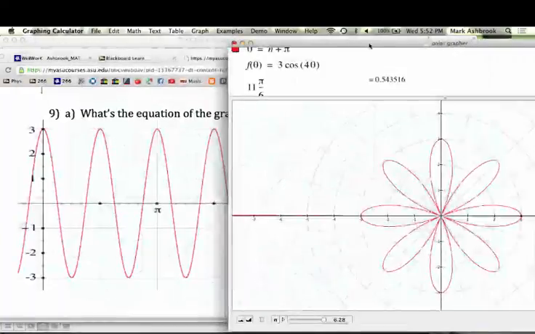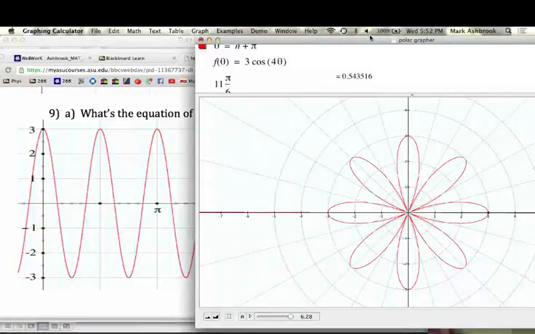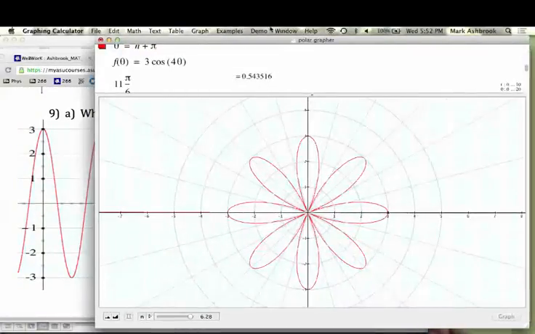Are we only setting up the integral? Yeah, just set up the integral. It's fine.